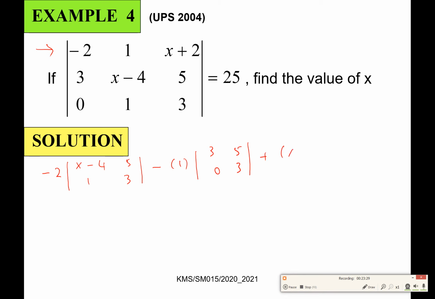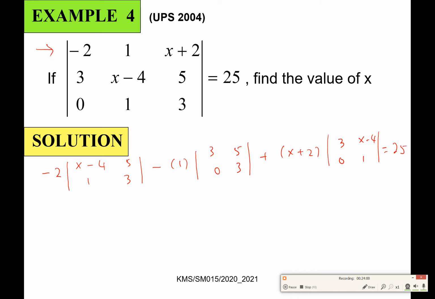So this is x plus 2 and 3, x minus 4, 0, 1 equal to 25. So this is actually the formula to get the determinant of this matrix. Actually you can start from anywhere, first column, first row, it doesn't matter. Third row, third column also can. But I choose the first one.